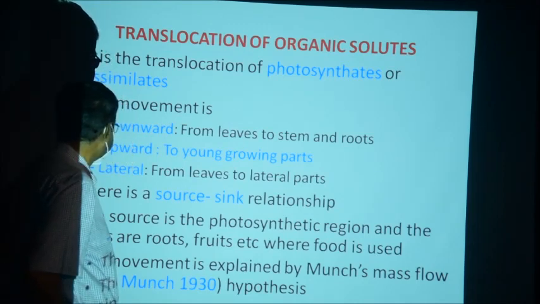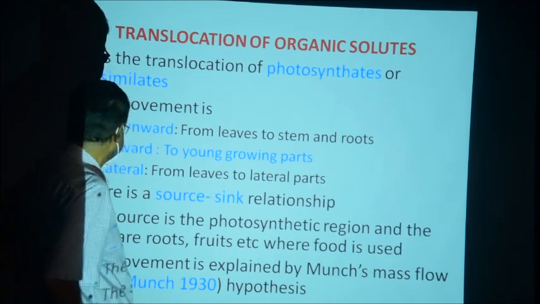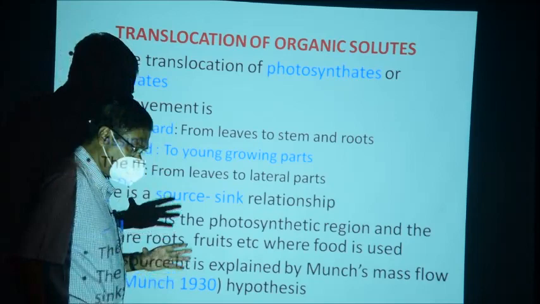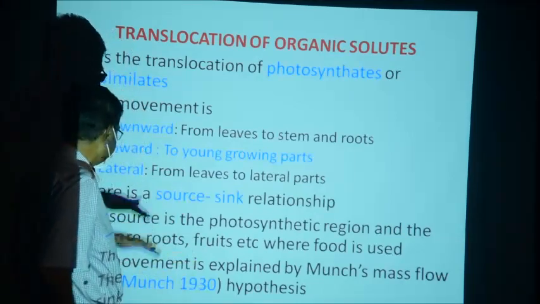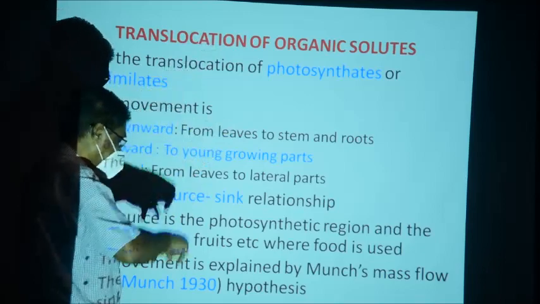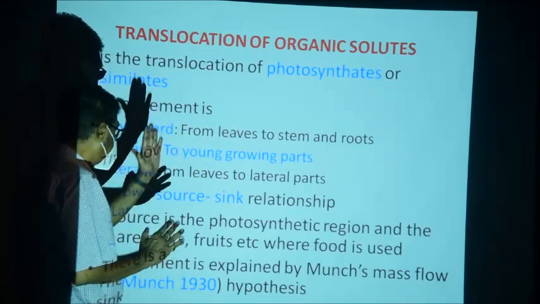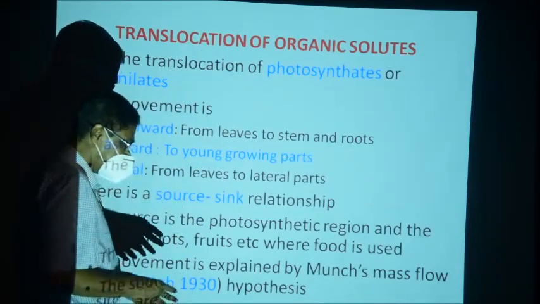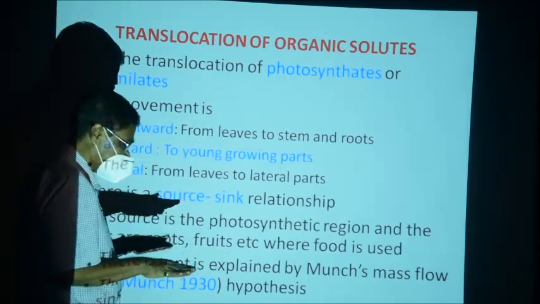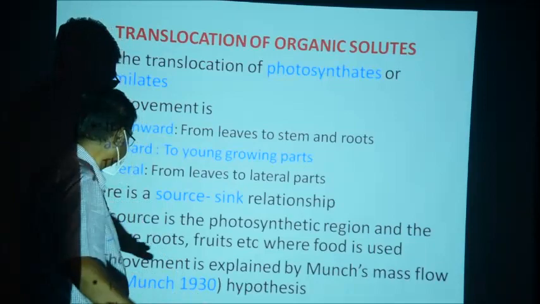Photosynthates are also called assimilates. The movement of organic solutes is either downward, that is from leaves to stems and roots, upward from growing parts to different places, and lateral from leaves to lateral parts.